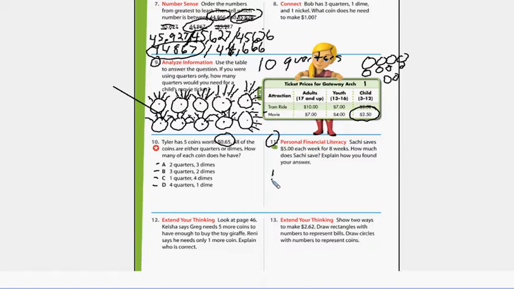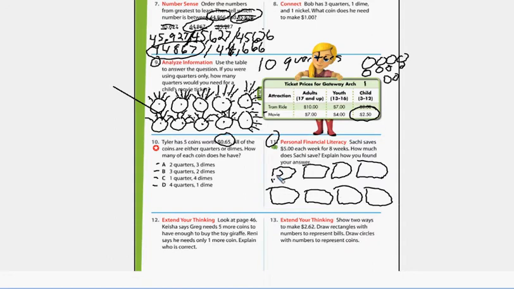We'll go ahead and just draw 8 $5 bills. All $5 bills. Okay, and skip count. 5, 10, 15, 20, 25, 30, 35, 40. He would have saved $40 in 8 weeks.